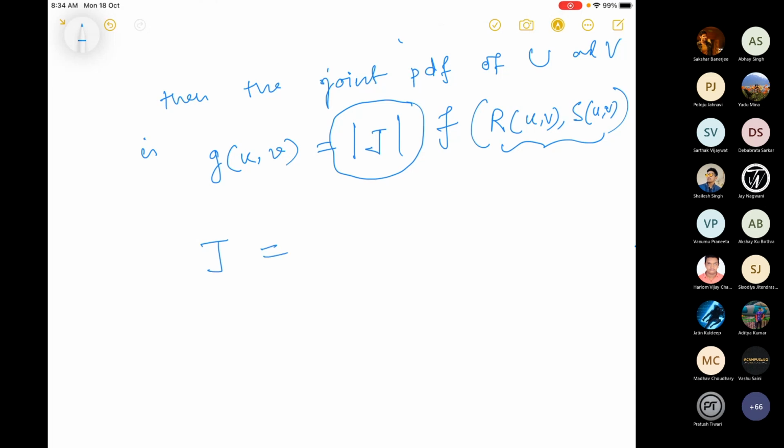So this mod value of J, J is the determinant of this 2 by 2 matrix: del x del u, del x del v, del y del u, and del y del v. Same thing as what we had earlier for the case of single variable. There we had only one variable, and we had to write mod of dx/dy. Here it is the mod of the determinant of the Jacobian.